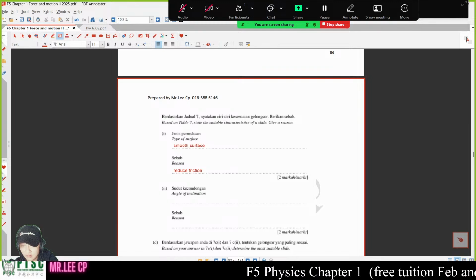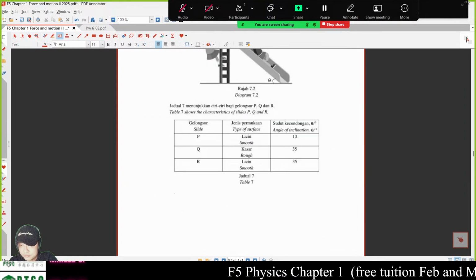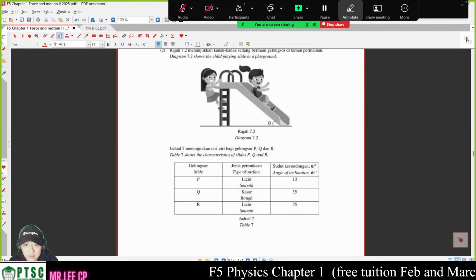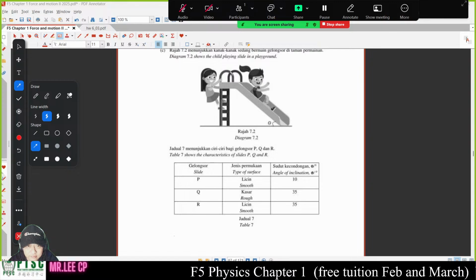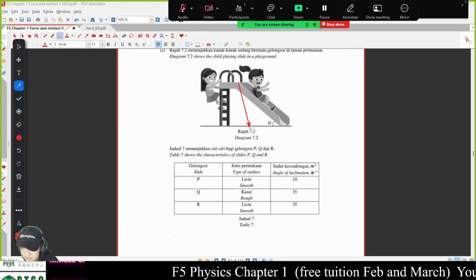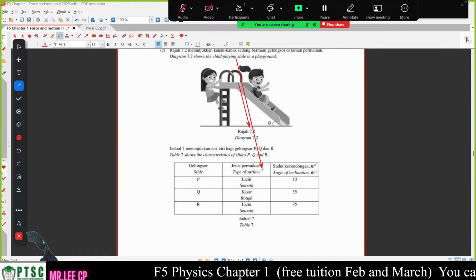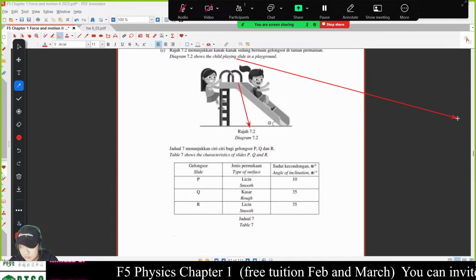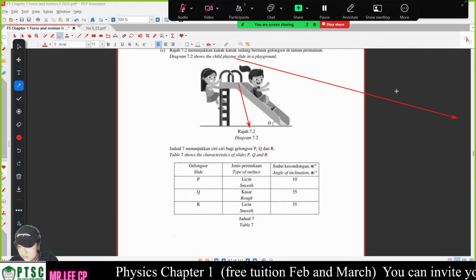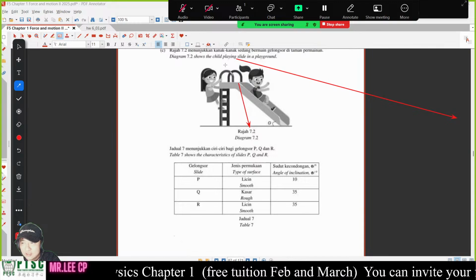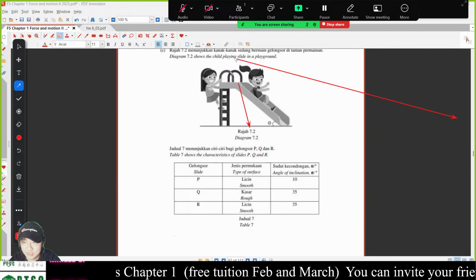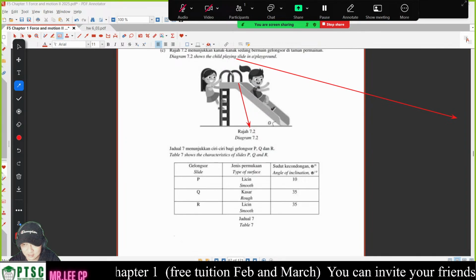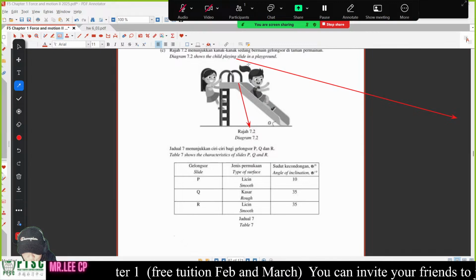Now, angle of inclination. So if this one is like that, you slide down this way. Wow, so dangerous. But if it is long, then slow. This one is a playground slide, so it should be more safe.